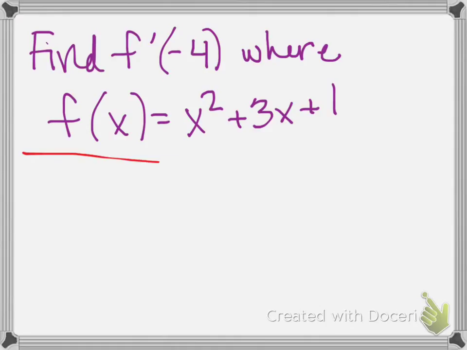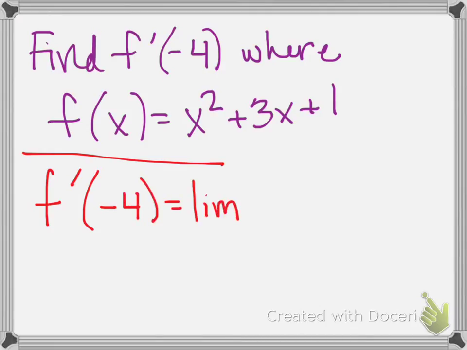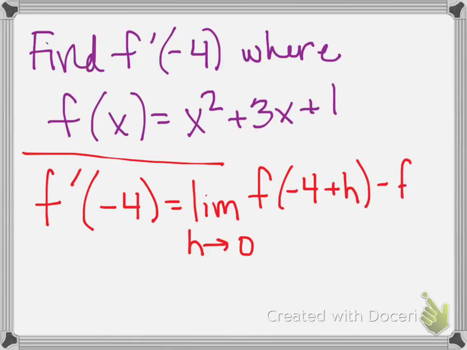So let's go ahead and set it up with that computational definition. F prime at -4 is the limit as h goes to 0 of f of -4 plus h minus f of -4, divided by h.